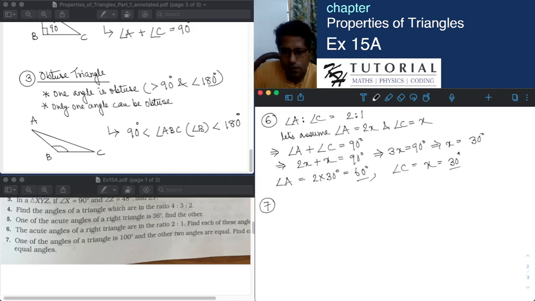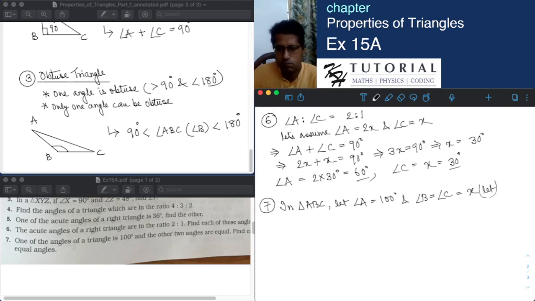So in triangle ABC, let angle A be equal to 100 degrees and let angle B be equal to angle C. Let's say they are equal to x.